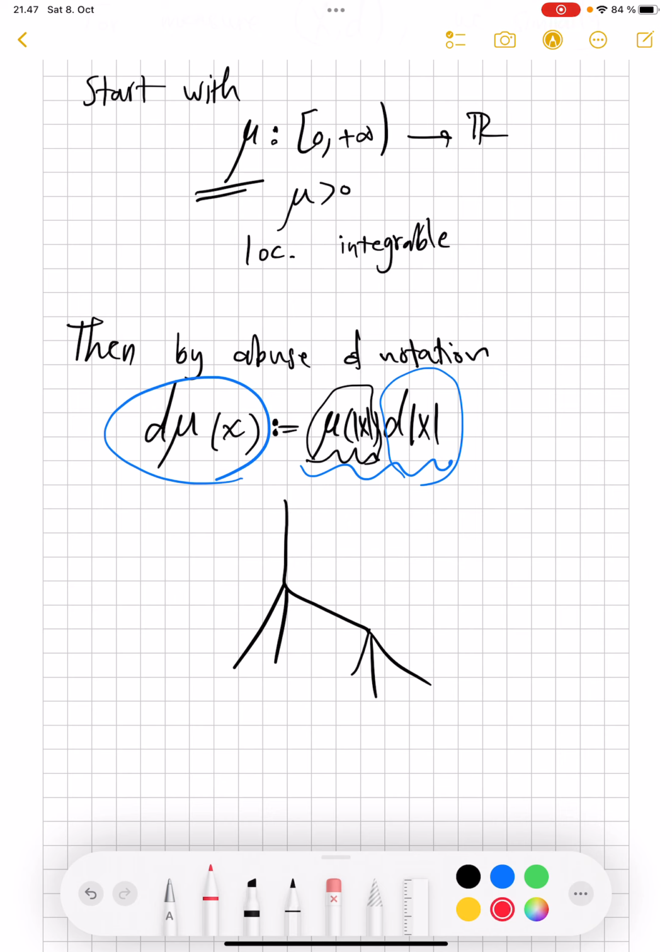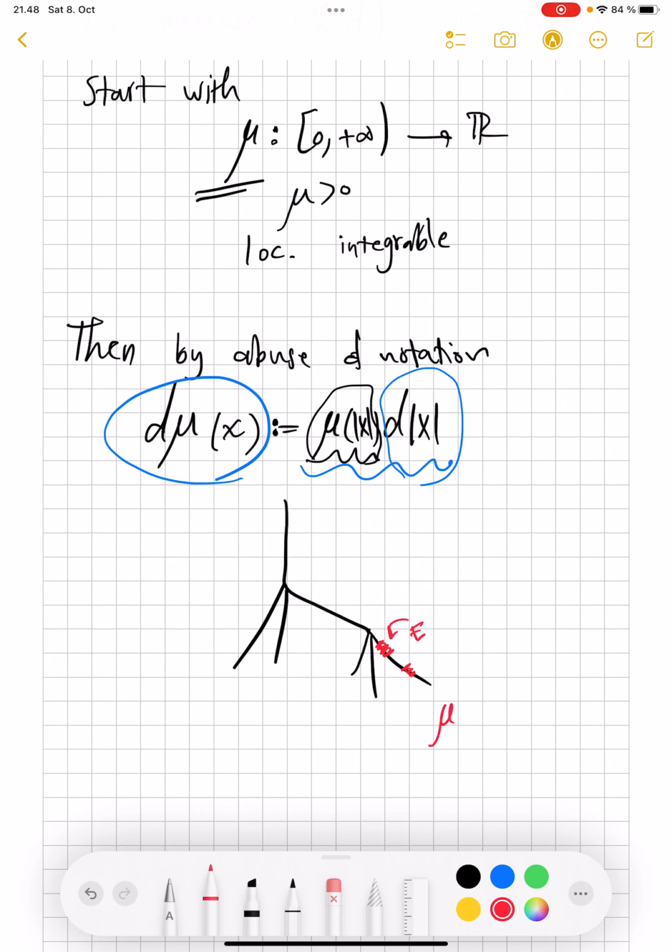So if you have to give a measure, because measure is countably additive, you only need to consider sets like this, which lie only in one edge. So suppose it lies in one edge here.